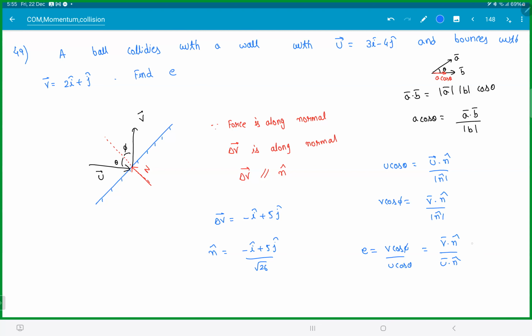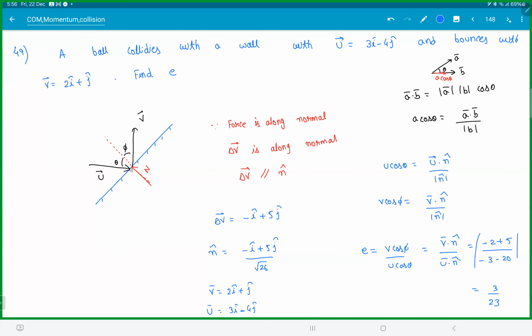V bar is 2i plus j. U bar is 3i minus 4j. So v dot n will be minus 2 plus 5 by minus 3 minus 20. Put a mod, 3 by 23.